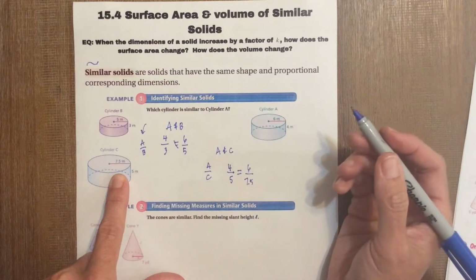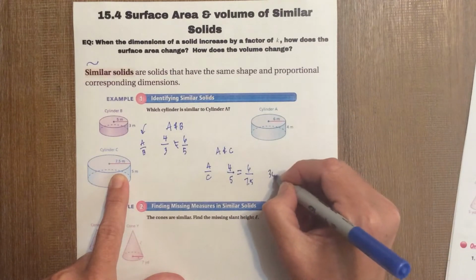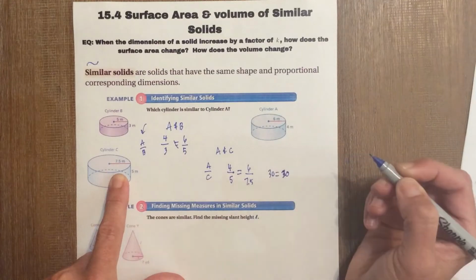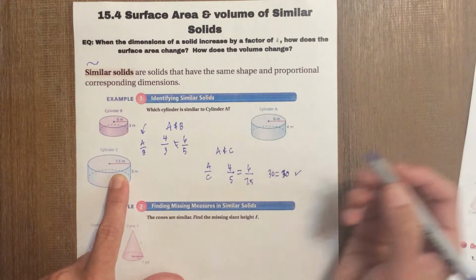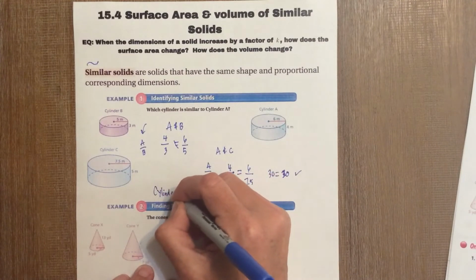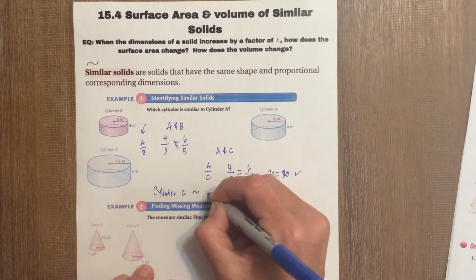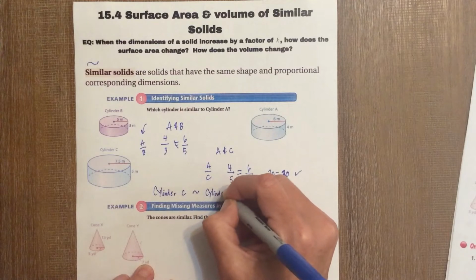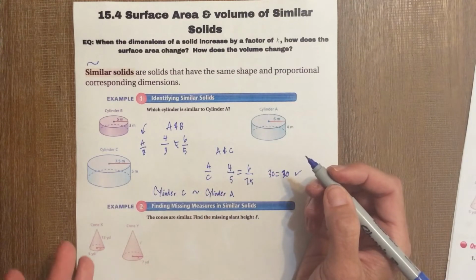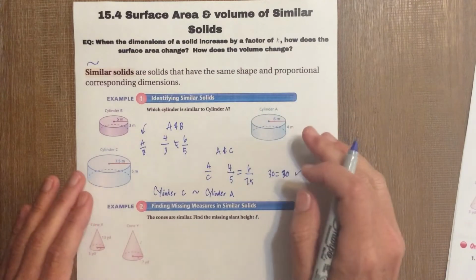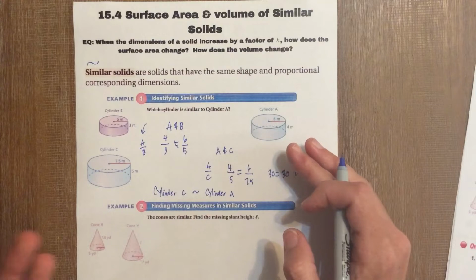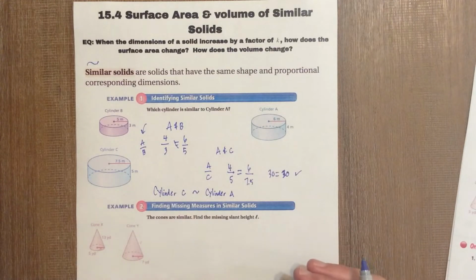Is this a true proportion? 5 times 6 is 30, 4 times 7.5 is 30 also, so yes, okay? That is a proportion, so cylinder C is similar to cylinder A, okay? They're all cylinders, but A and C have corresponding sides or corresponding dimensions that are proportional to each other, okay?